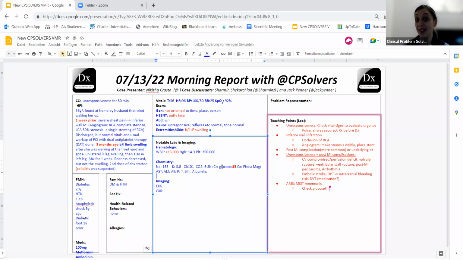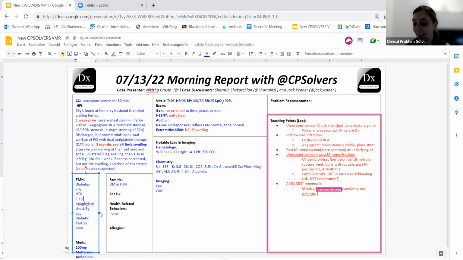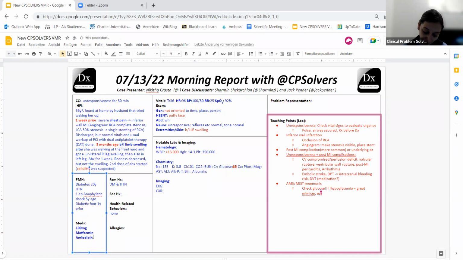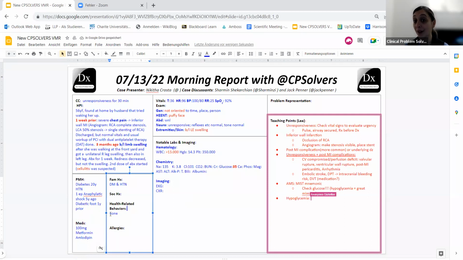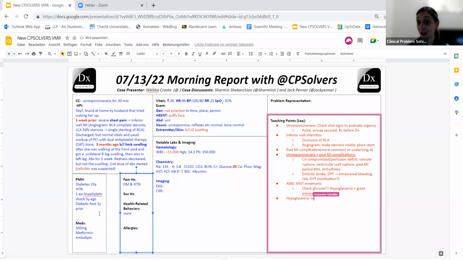And this patient's glucose is 35, and she has a history of diabetes in the past. She's on metformin, but usually with hypoglycemia, we think about whether it's insulin mediated or non-insulin mediated. So the question is, how is this patient so hypoglycemic? Is it medication related, which a lot of the time can happen? Usually it's in the setting of taking too much insulin.